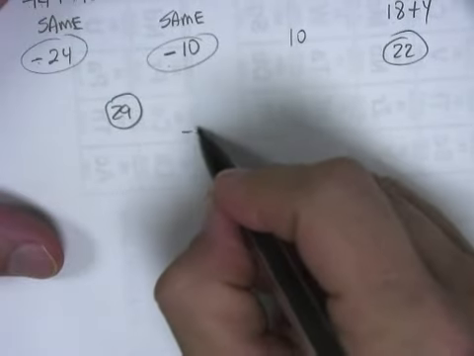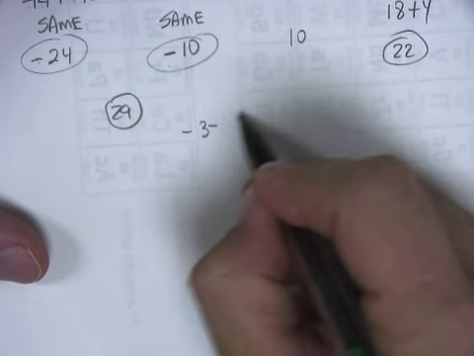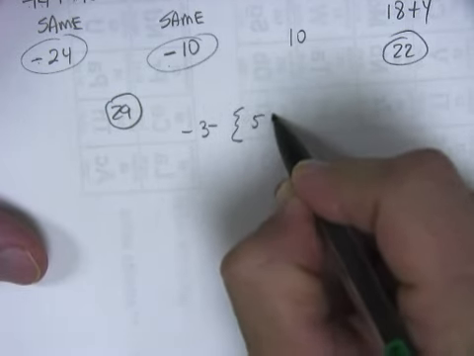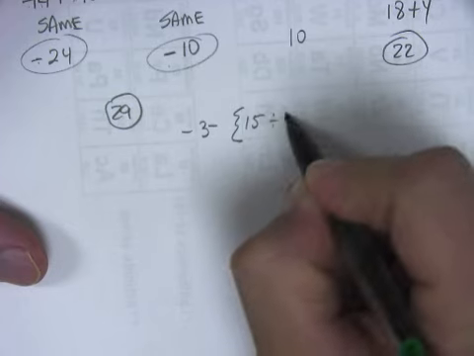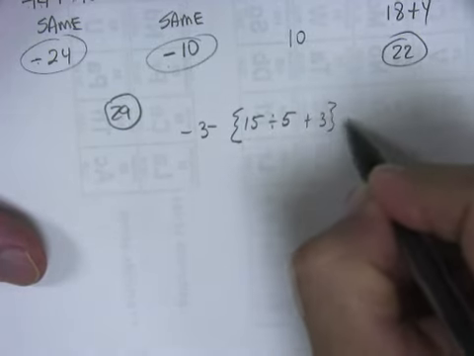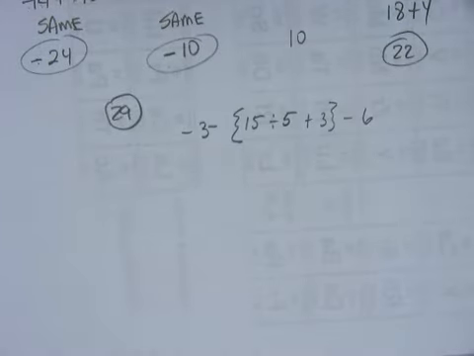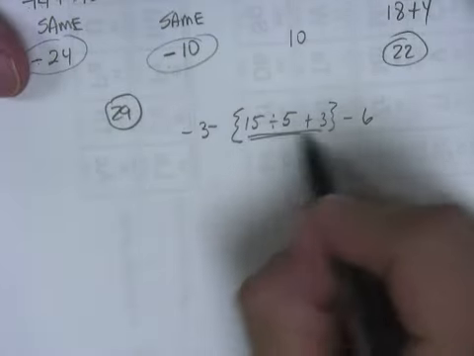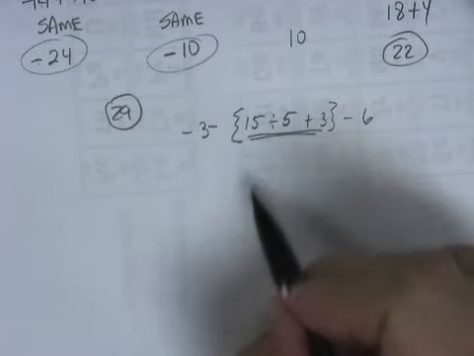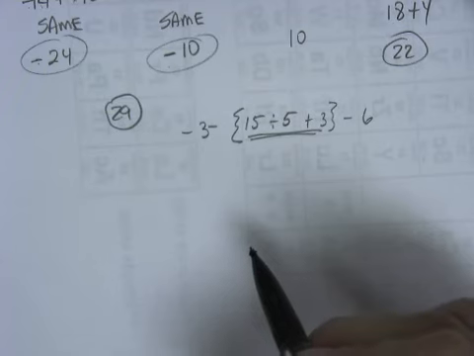So we'll say negative 3 minus, let's go 15 divided by 5, plus 3 minus 6. Let's see what happens. Remember, we're going to start inside the parentheses and stay in there until we end up with one number. So I have addition, I have division. I do division before I do addition.